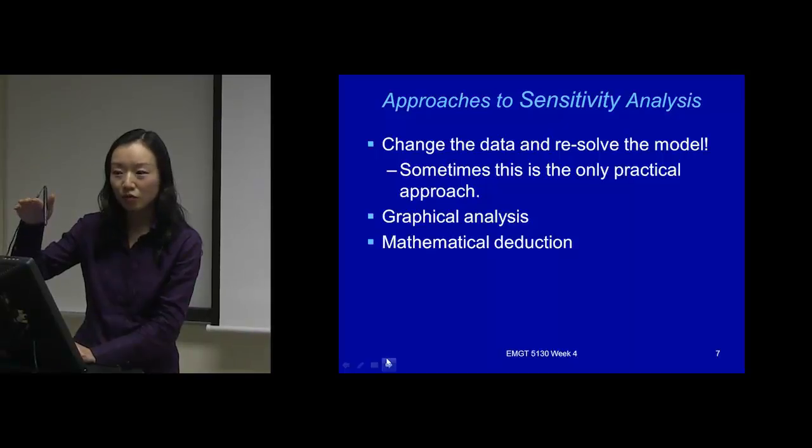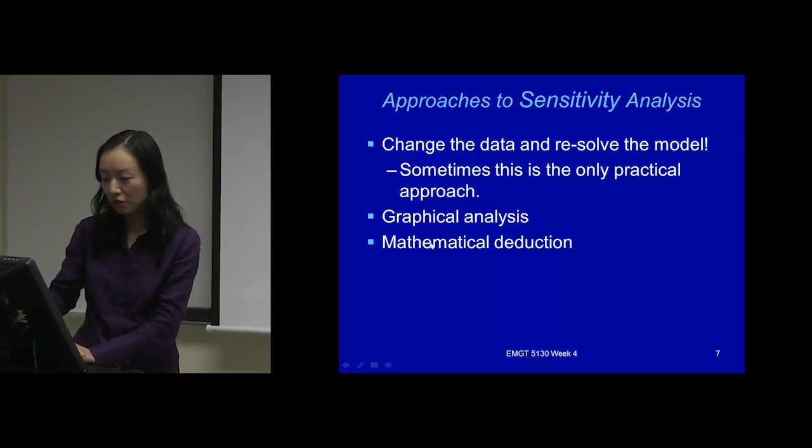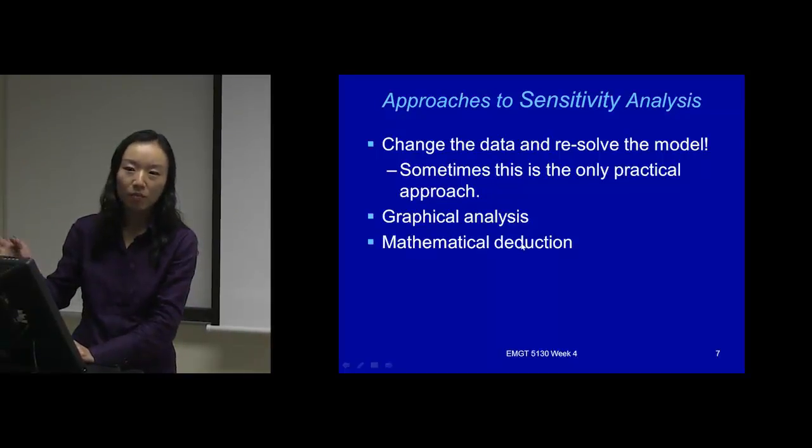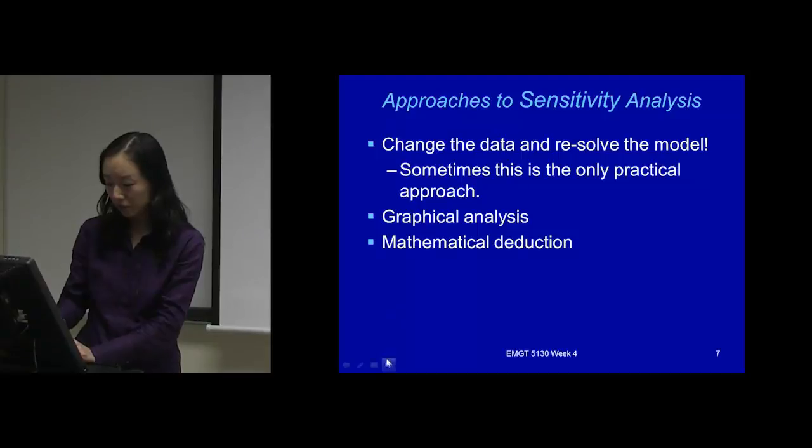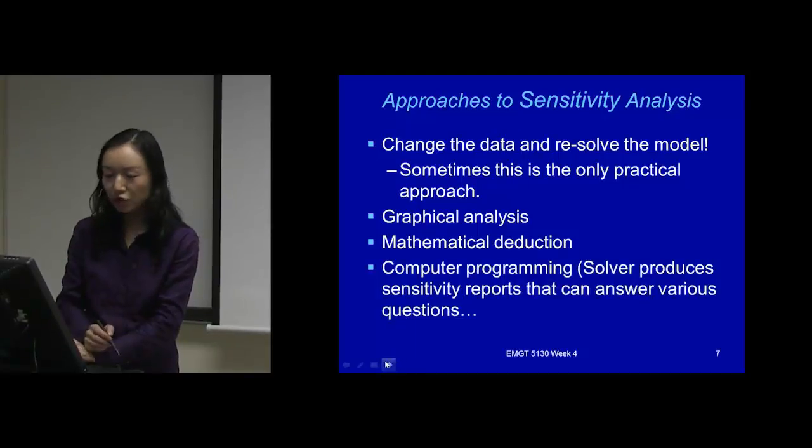So for that part, we should be able to calculate using mathematical deduction how much those values can change without changing the optimal solution. And fortunately, we don't have to do that by hand because Solver produces this sensitivity analysis report for us.